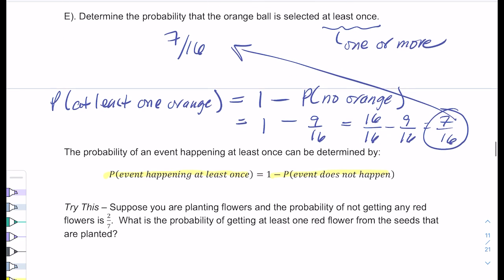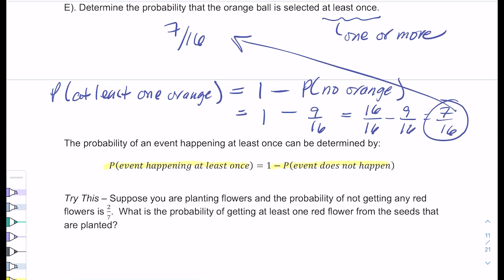Okay, let's look at an example. So suppose you're planting flowers and the probability of not getting any red flowers is 2/7. What's the probability of getting at least one red flower from the seeds that are planted? So here, I'm looking for the probability that you get at least one red flower. So my formula says just do 1 minus the probability that you don't get any red flowers.